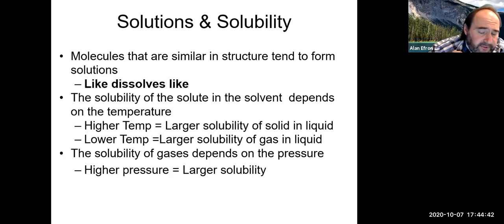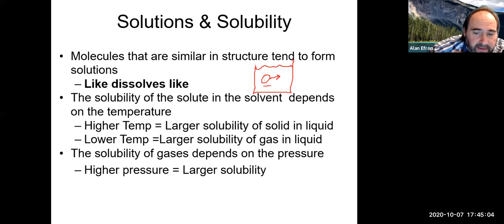At lower temperatures, we have a larger solubility of a gas in a liquid, and that's for this reason. If we have a liquid and a gas molecule flying around, when we lower the temperature, the gas molecule starts to move slower.